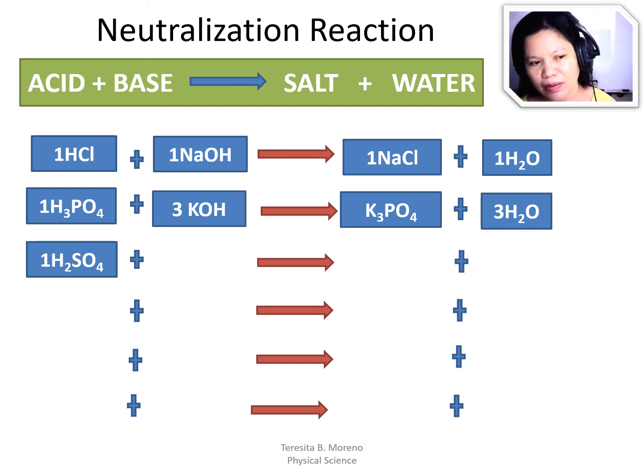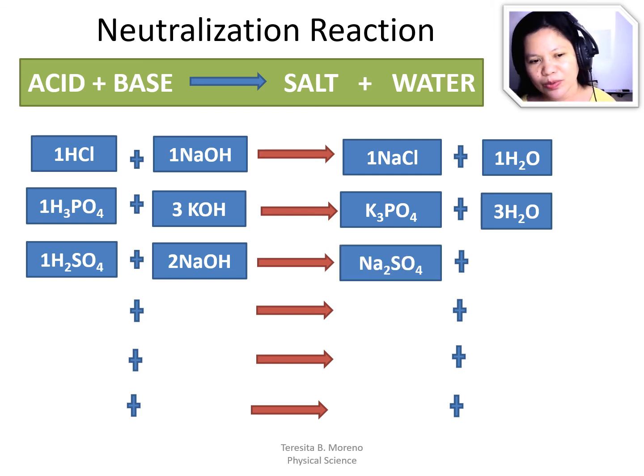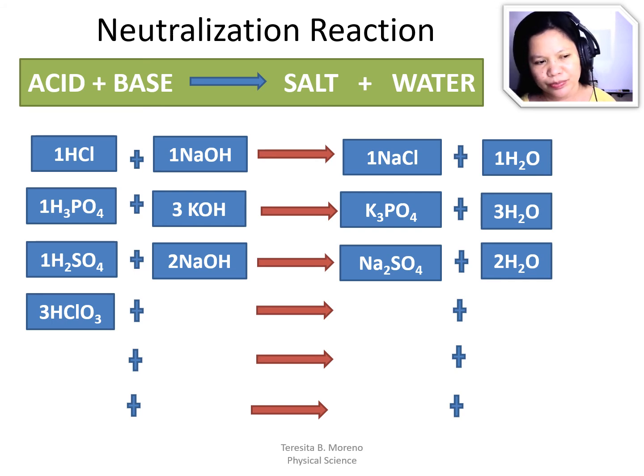Sulfuric acid plus sodium hydroxide will yield sodium sulfate plus water. Another example, you have 3 molecules of chloric acid plus aluminum hydroxide.